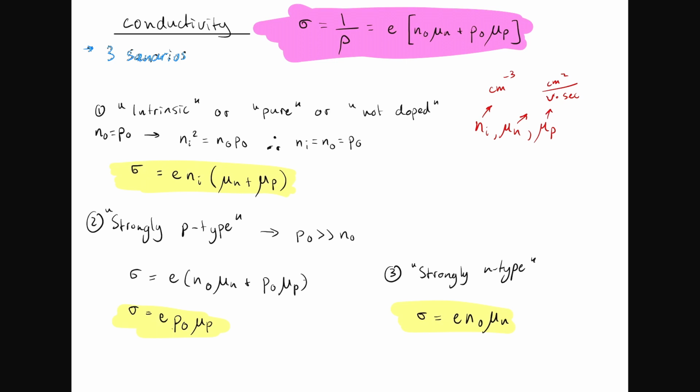However, the spatial dimensions, L and A, are usually in micrometers. Okay, so I can't tell you how many times I had students where they had to calculate R equals L over sigma A, and they plug in the values, the value that comes before the times 10 to the negative 6 or times 10 to the negative whatever.